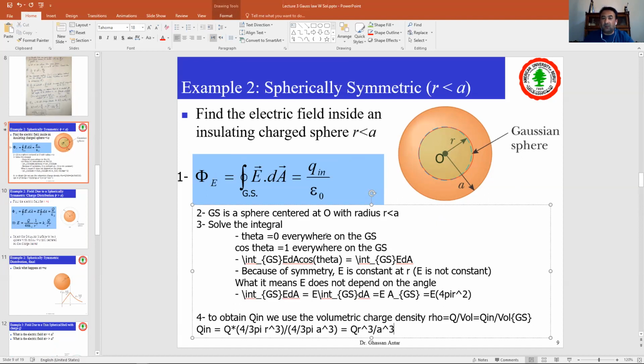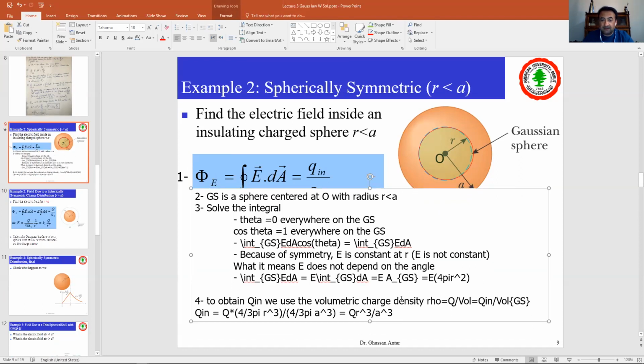Okay, so now we have all this. Let's solve and answer the question. What do I have on the right-hand side?